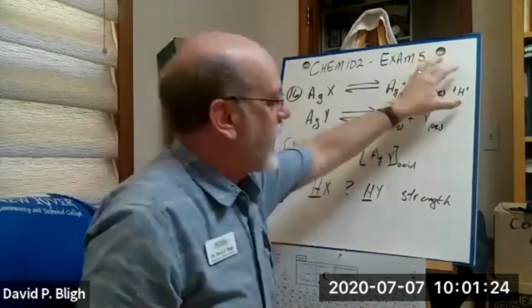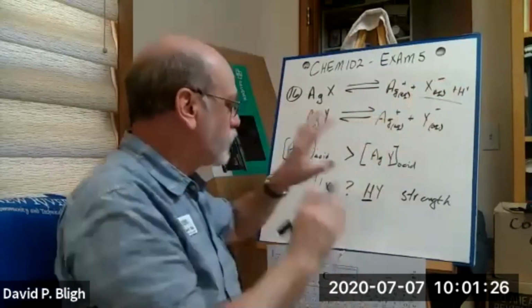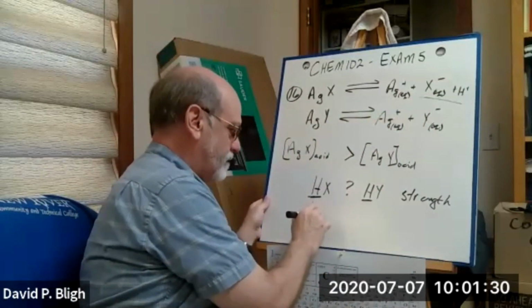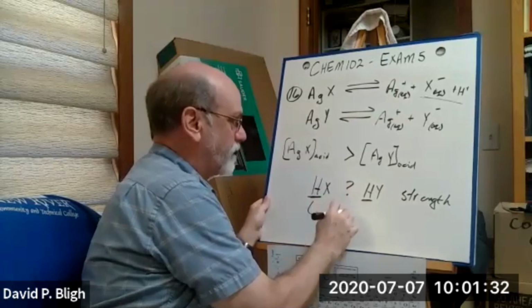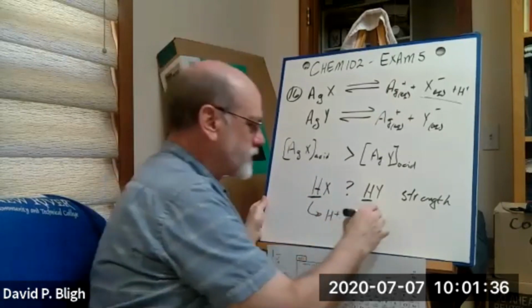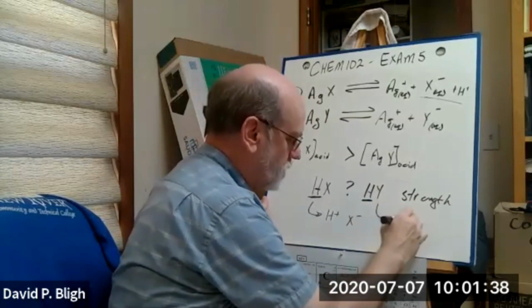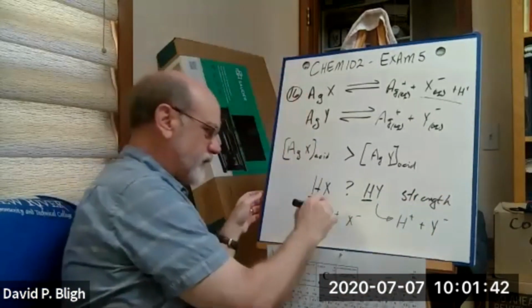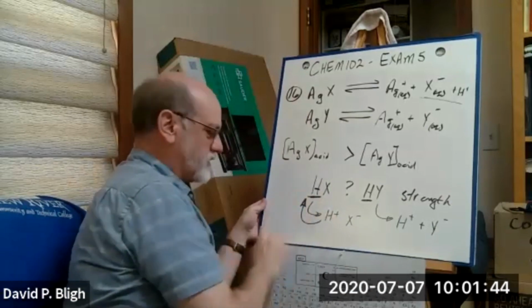So if this reaction is stronger toward producing that one, like that, versus this one, this reaction favors that direction.